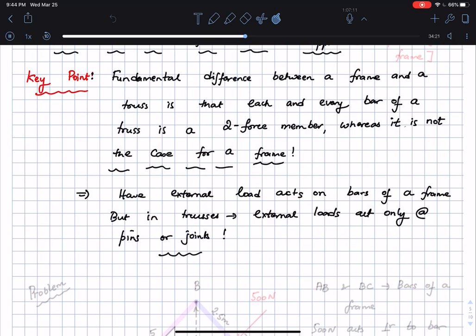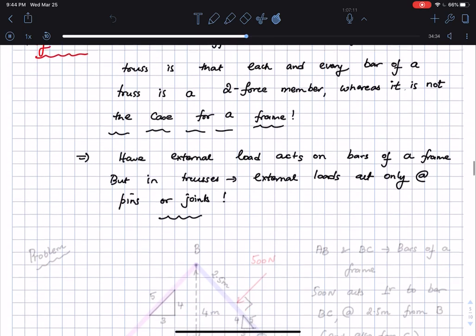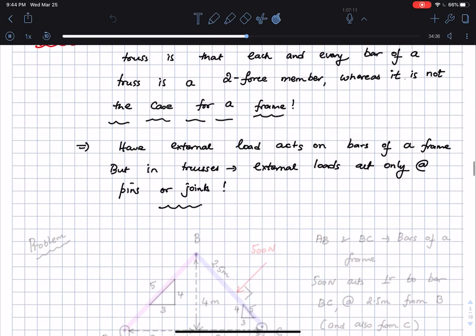Okay, so this is the key difference between a truss and a frame, and you will see that frames are not any different in terms of handling their equilibrium compared to the rigid bodies that we've been seeing a few lectures back, when we looked at 2D rigid body equilibrium.